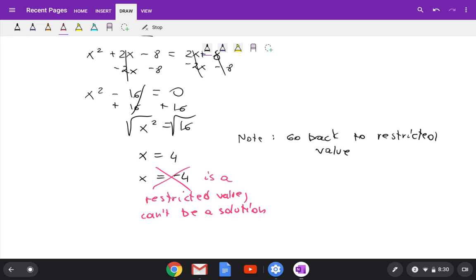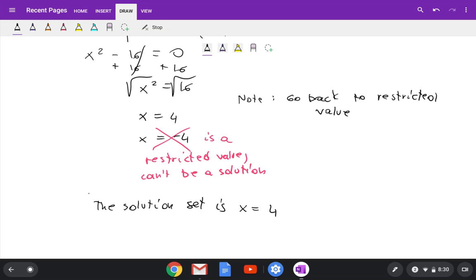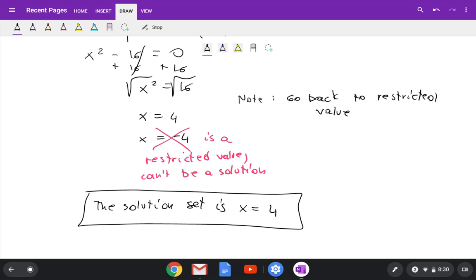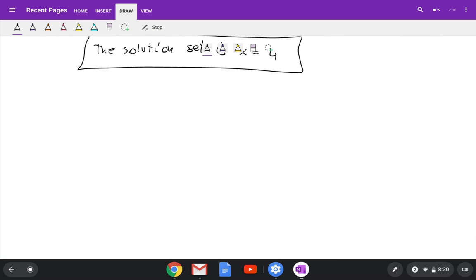So we ignore that, and the only solution we have is x equal 4. That's the solution set, x equal 4. So what else do I have? I have 3 application problems for you guys. So let's continue with more examples.